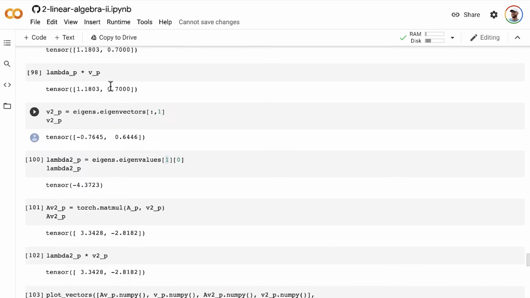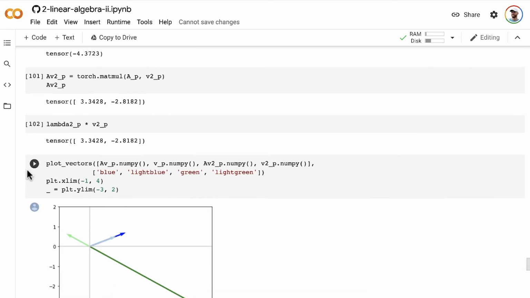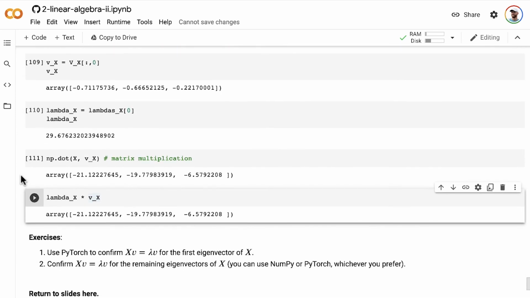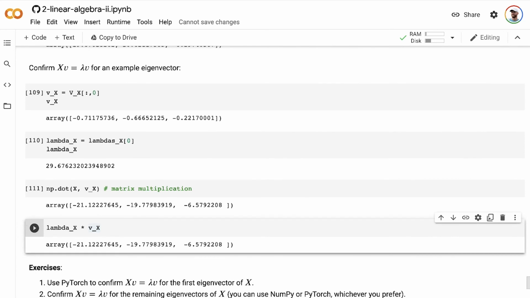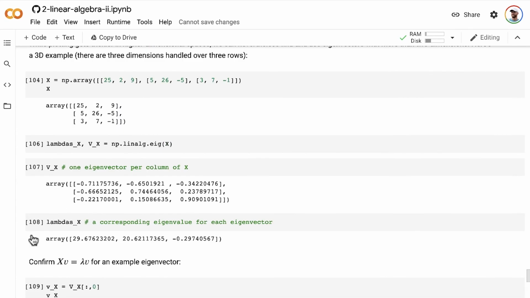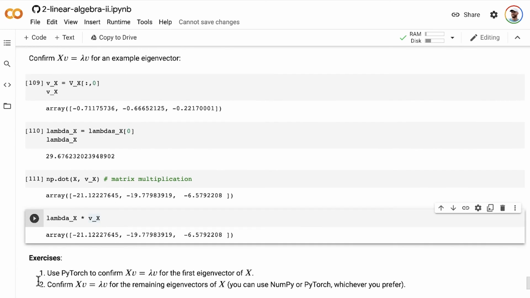So using the same kind of PyTorch code here to investigate and confirm that you get the same results in NumPy as in PyTorch for this 3-dimensional matrix X. And then confirm that same equation, Xv equals lambda v, for the remaining eigenvectors of X. So there are 2 more. You've got the second eigenvector and your third eigenvector, and you can go ahead and confirm that in either NumPy or PyTorch. So you should have all the information you need to carry out these exercises.